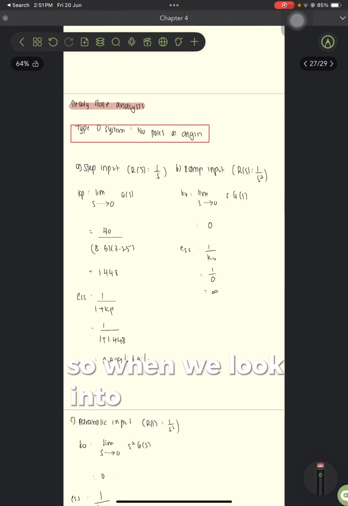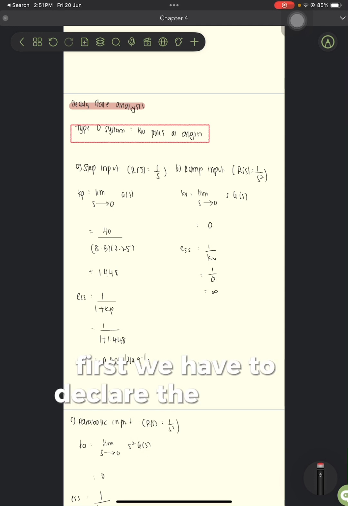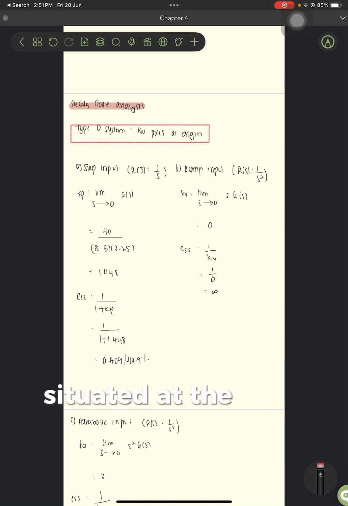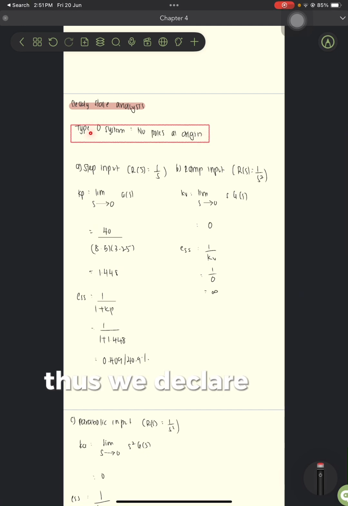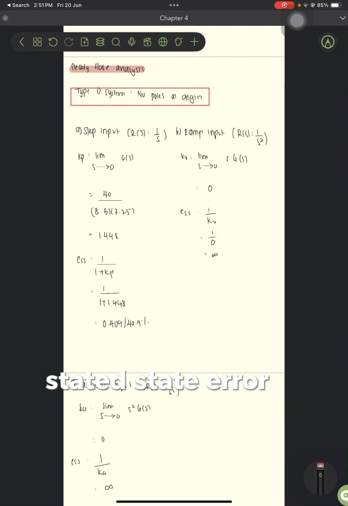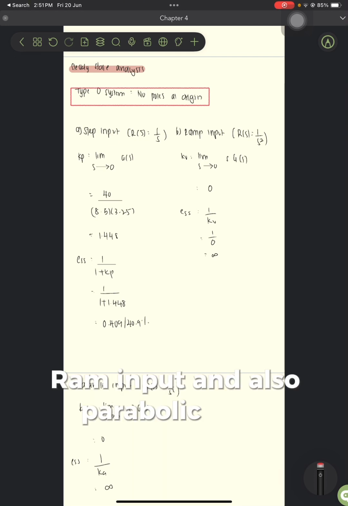Next, let's look into the steady state analysis. First we have to declare the type of the system. Since there are no poles situated at the origin, we declare it as a type 0 system. Let's look into the calculation of the steady state error for step input, ramp input and also parabolic input.